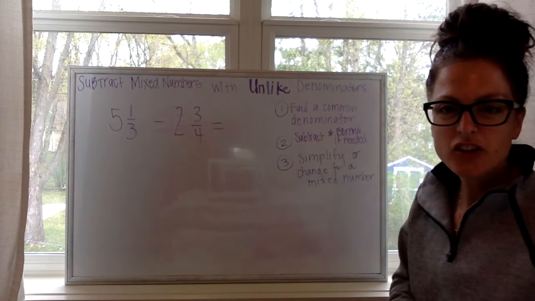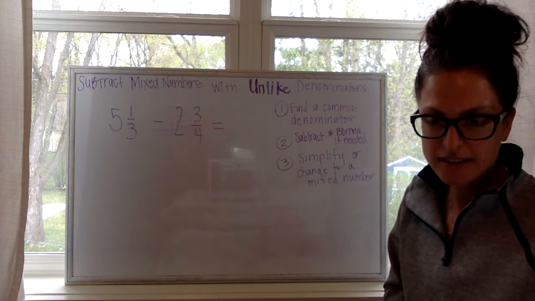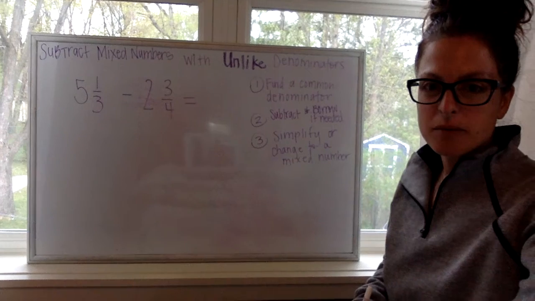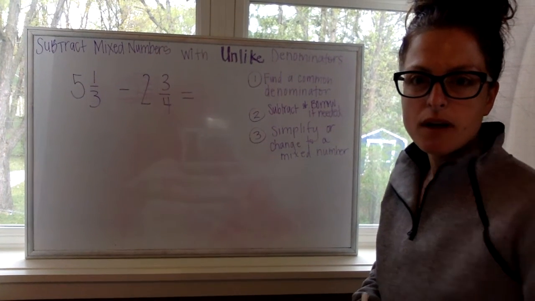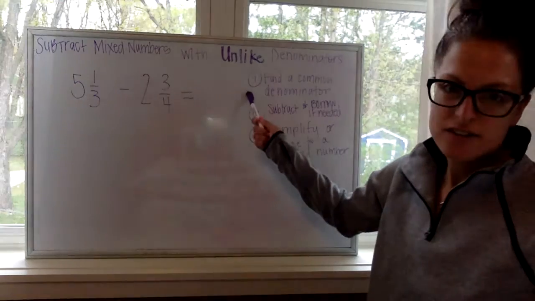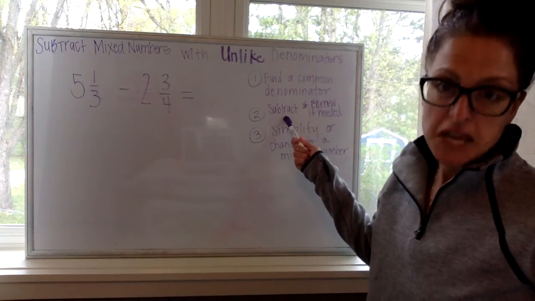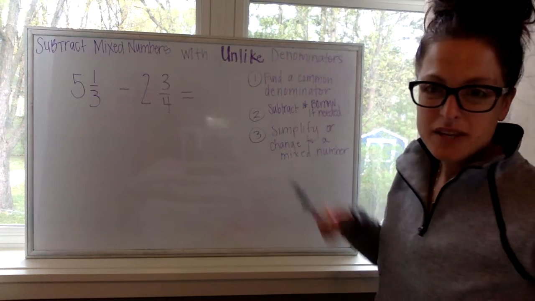We're going to take a look at subtracting mixed numbers with unlike denominators today. The big thing to remember before we get started is, if we don't have a common denominator, that is our first step. The second thing we need to remember is to add or subtract, make sure we're using the right symbol, but borrow if needed.